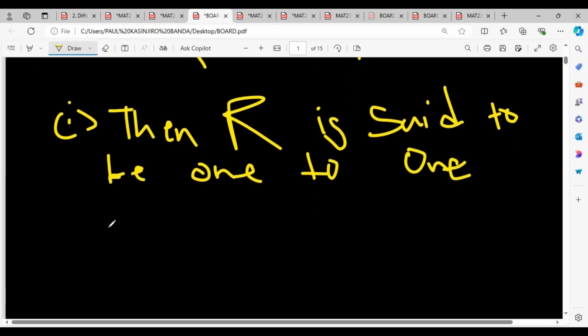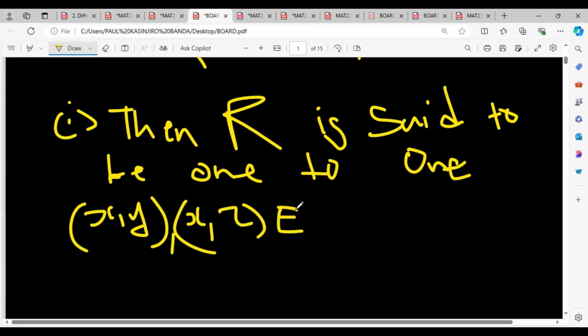If I have the coordinates (X, Y) and another coordinate (X, Z) that are members of this relation R, such that Y is equal to Z. So this will be the definition of a one-to-one relation. In simple terms, in this relation R we cannot find two coordinates that have the same first coordinate X but different second coordinates.